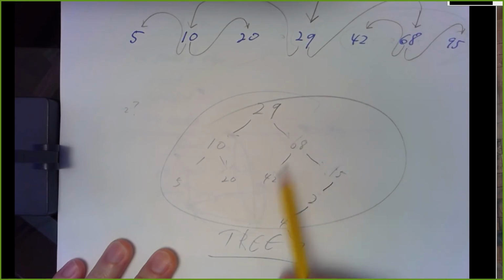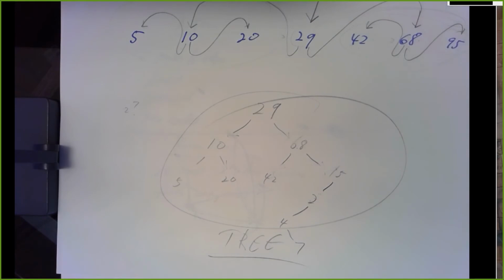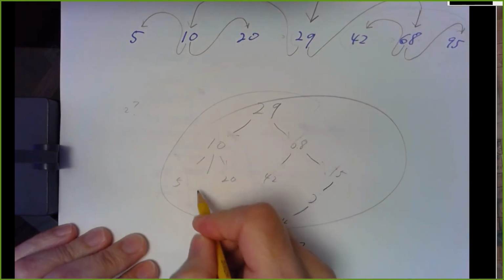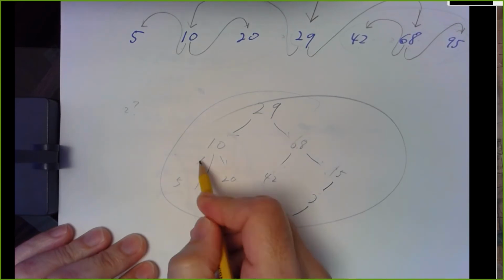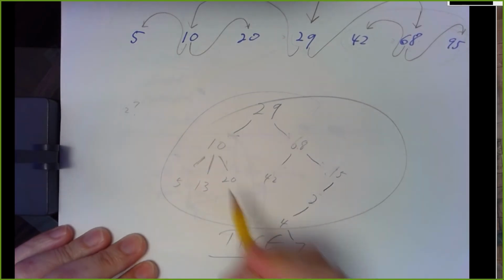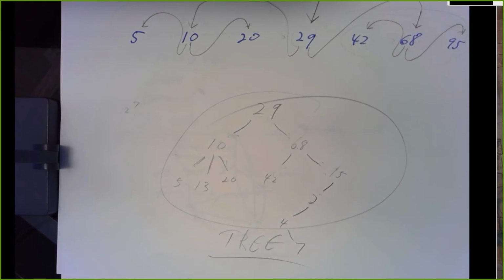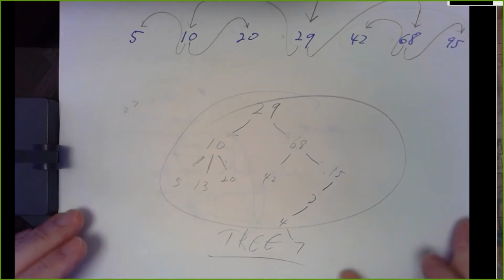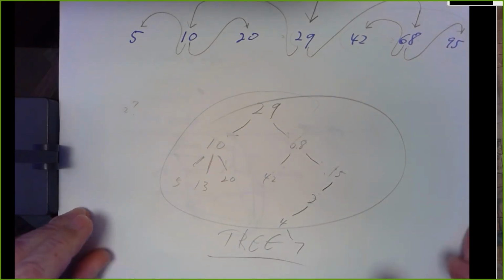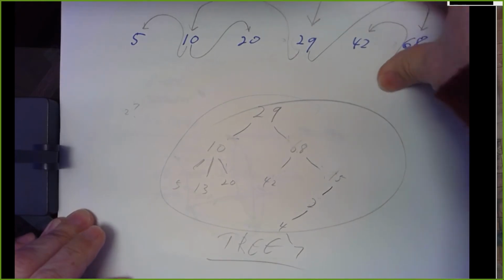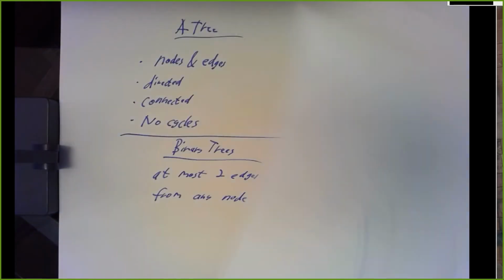Here I've got 2 nodes hanging off it. Those are still perfectly fine binary trees. But if I had another node here, like a 13, so I've got 3 nodes coming off of this 10, it's still a tree, but it's not a binary tree. So binary just means 2 or fewer. All right, good so far terminology-wise?